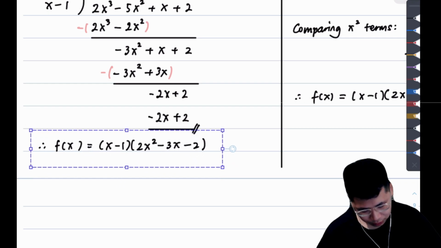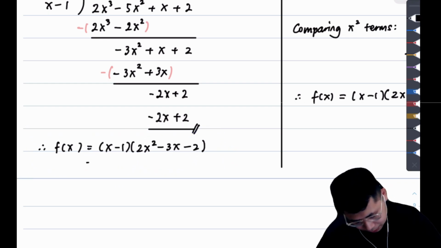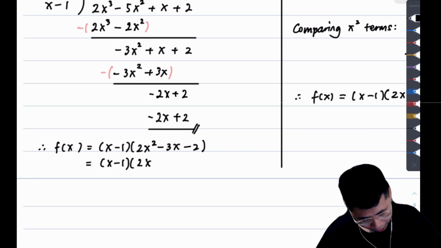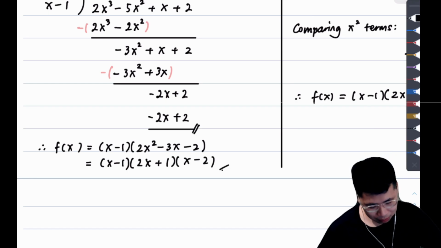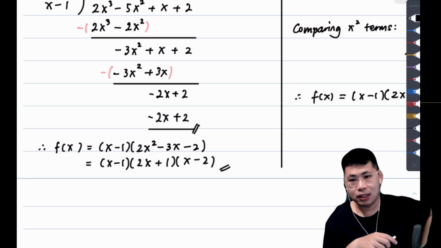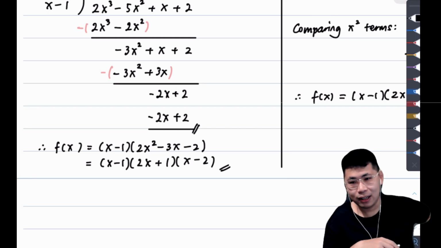When we factorize further, we are going to get x minus 1, 2x plus 1, and x minus 2. So this would be our final form of the factorization.